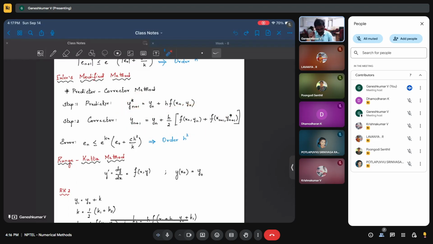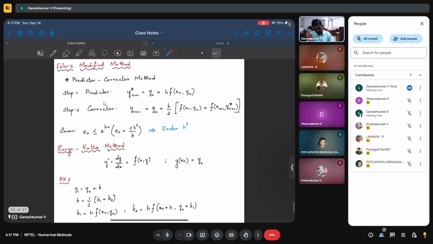Okay, and this also gives a reduced error, which means you can take much higher time steps compared to Euler. This is also called, I think, some other name also, I'm not really sure, you can check the notes.